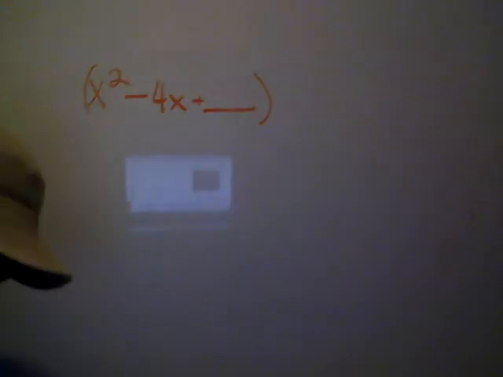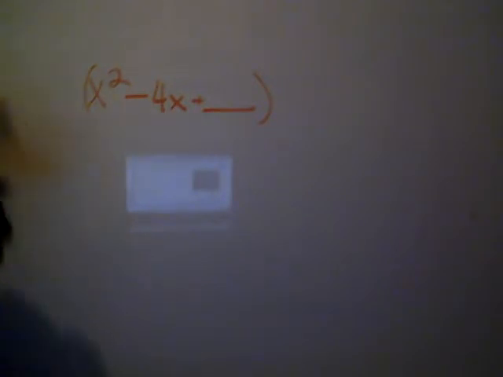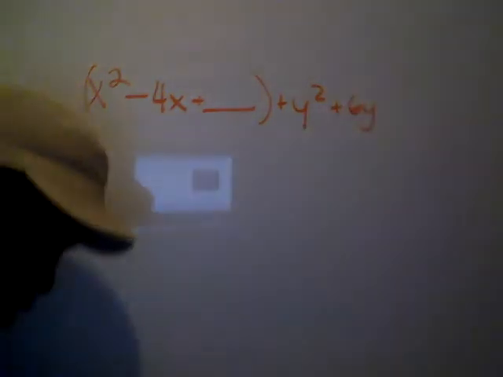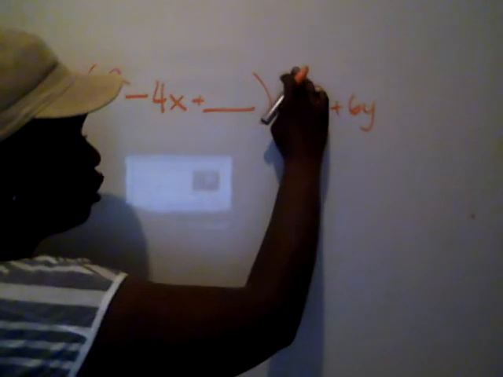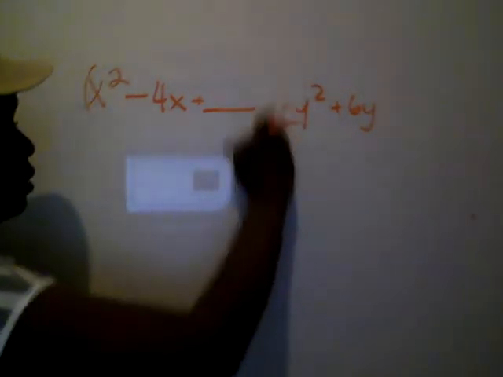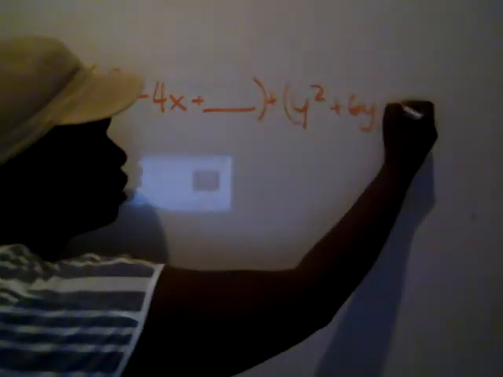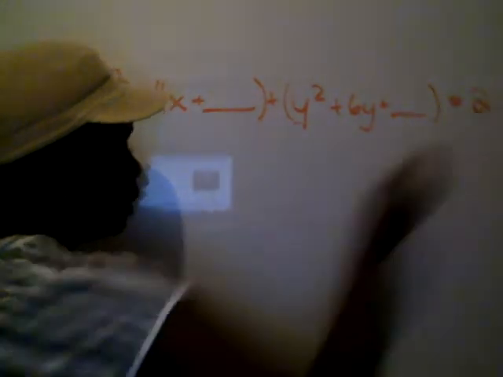And then the rest of what they give us is y squared plus 6y. And then that 2, it was a minus 2, but we need to move it over to the other side. Plus something here, and then if that negative 2 moves over, it's going to become a positive 2.